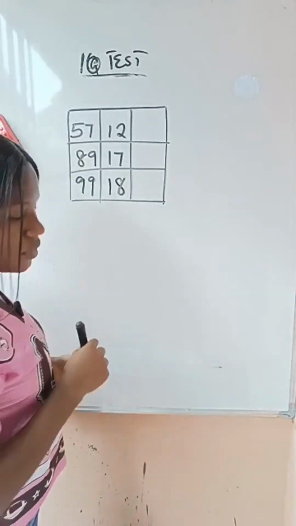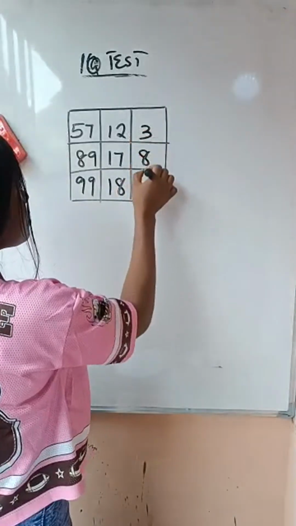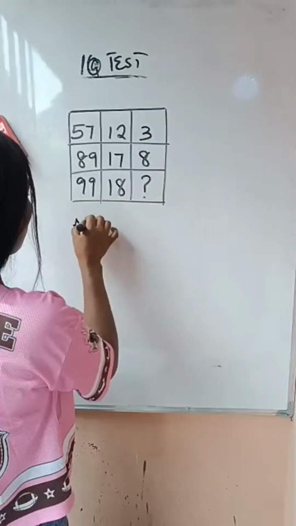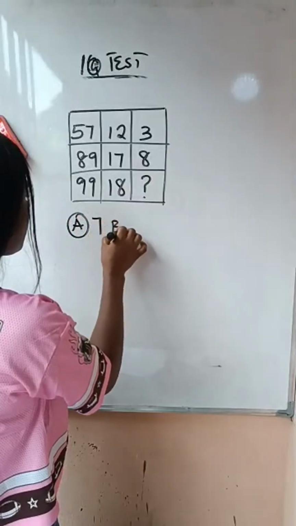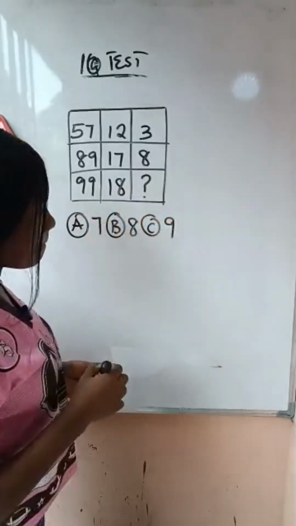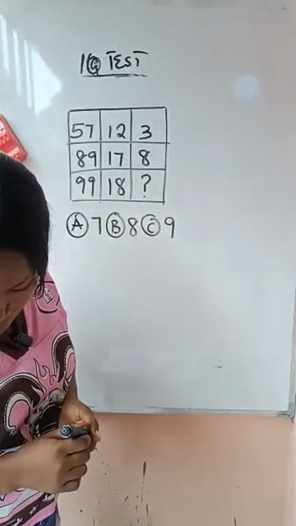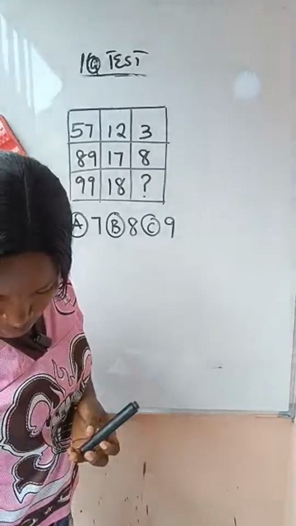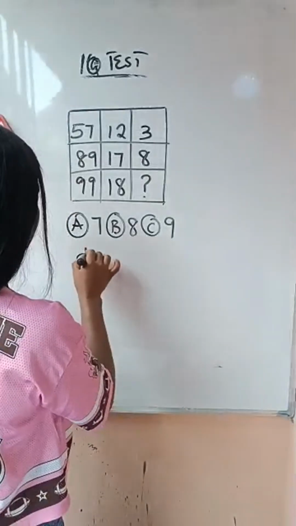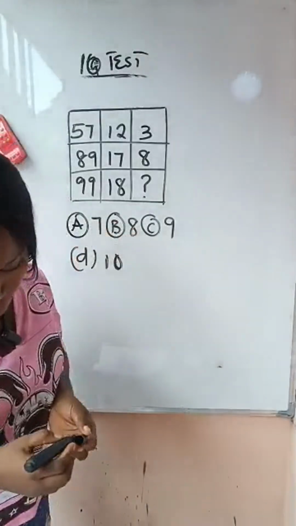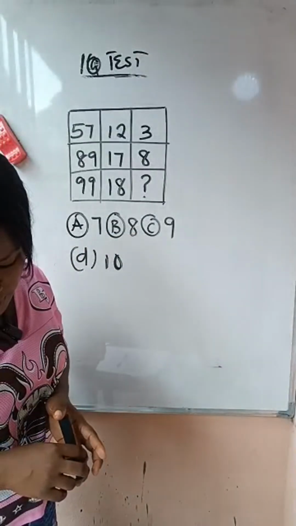Again, we have 3, 8, and a missing number. So is the missing number A, 7, B, 8, C, 9, or D, 10? So what is the missing number?